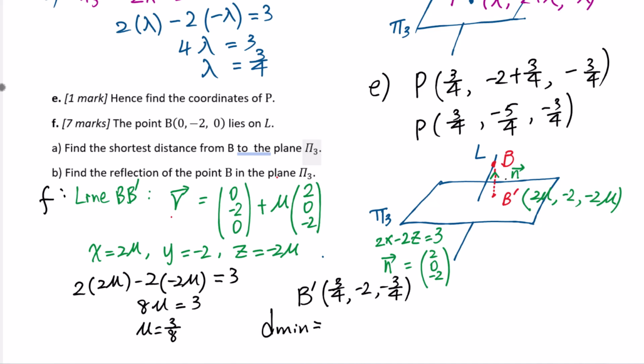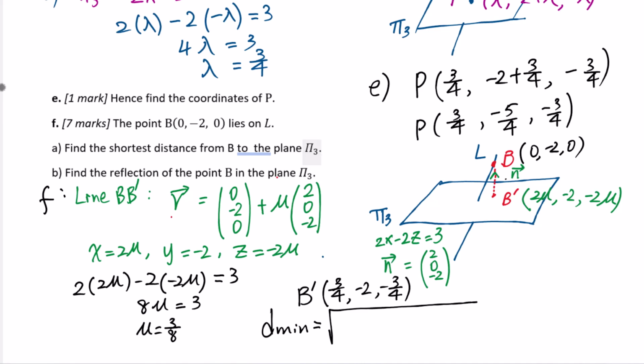So the shortest distance from B to the plane pi 3 equals square root. Coordinates of B (0, -2, 0).